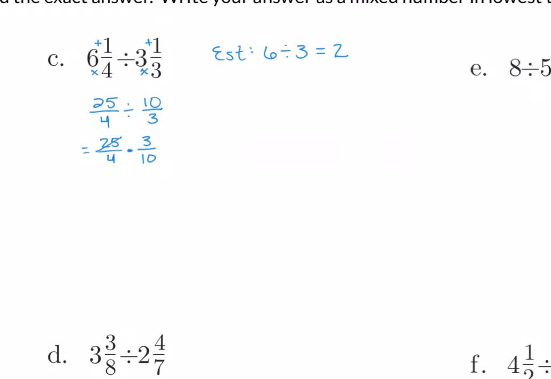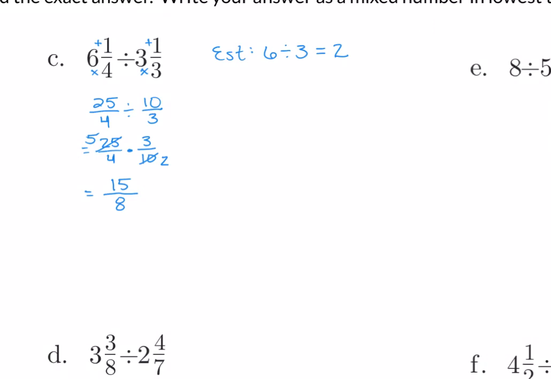25 and 10 are both divisible by 5, so we get 25 divided by 5 is 5, and 10 divided by 5 is 2. If we multiply straight across now, we get 5 times 3 is 15. 4 times 2 is 8.